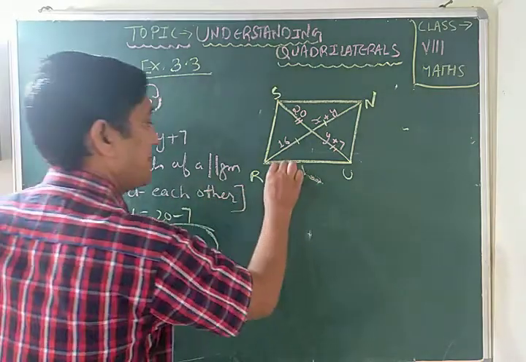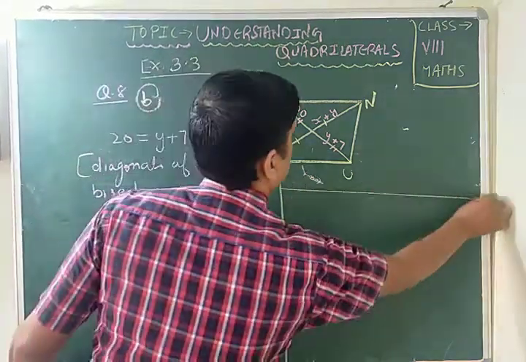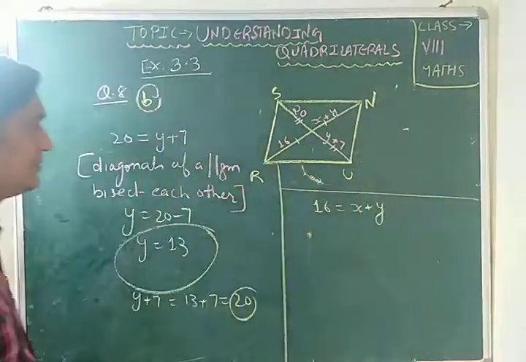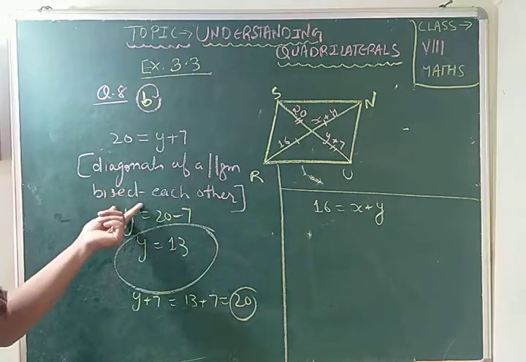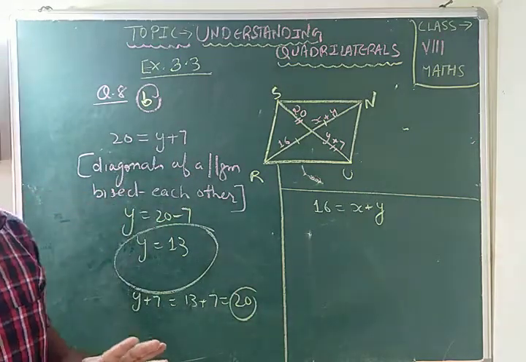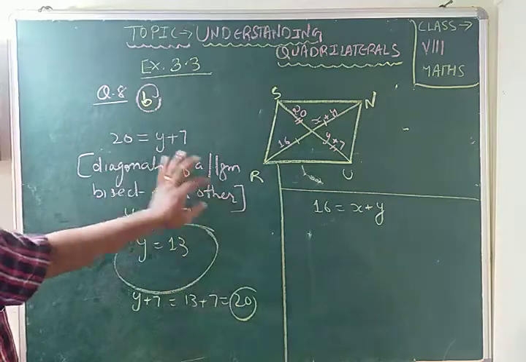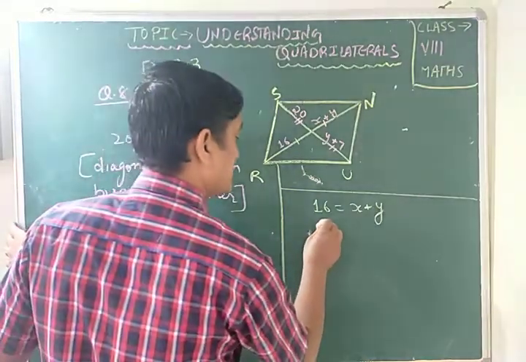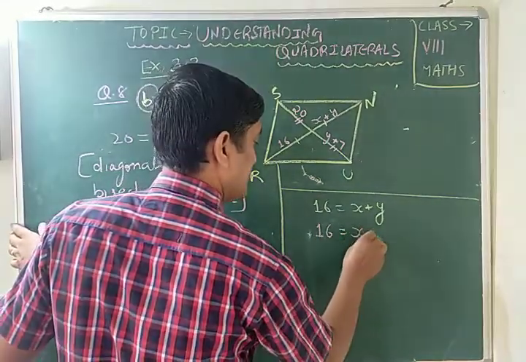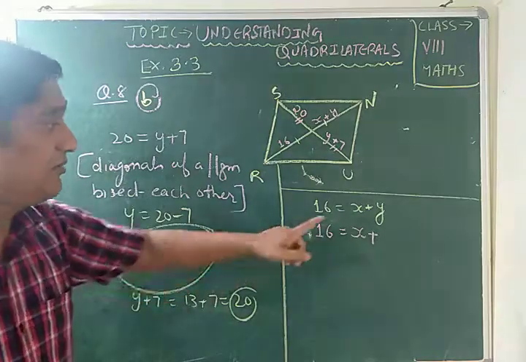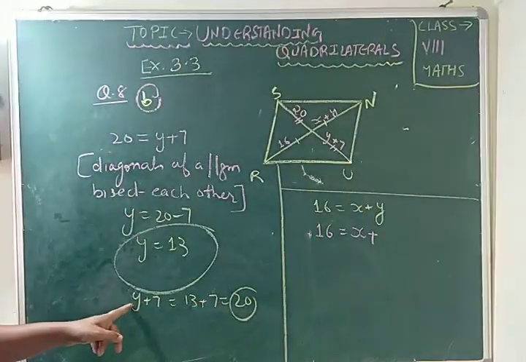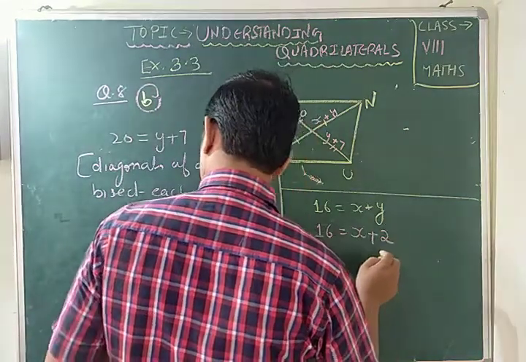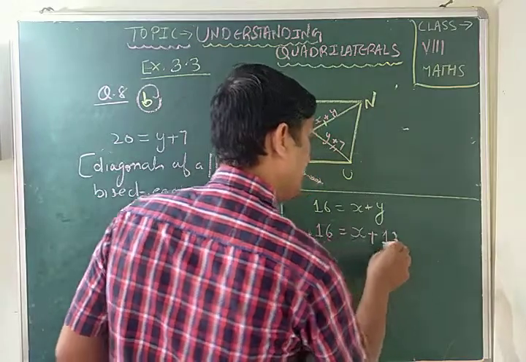The second part. 16 is equal to x plus y. The same reason, diagonals of a parallelogram bisect each other. There is no need to write down the same reason again and again. You have to write it once only. Now it becomes 16, x plus, now children look, the value of y is what? The value of y is 13, not 20, it's 13.